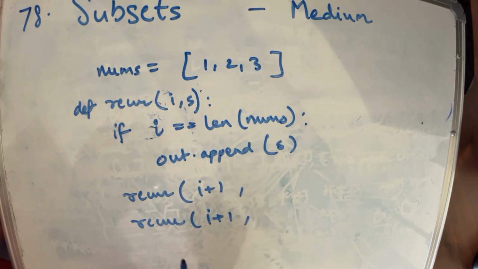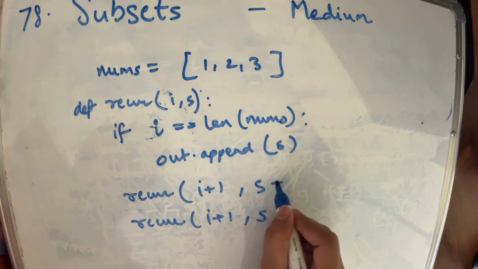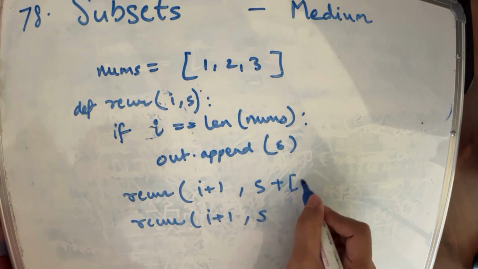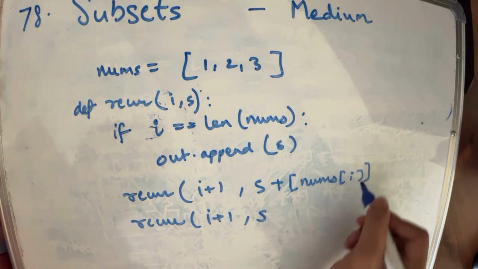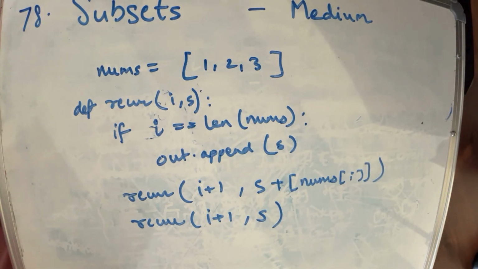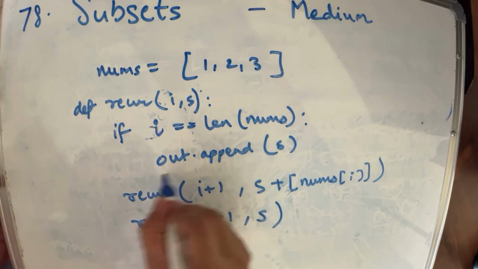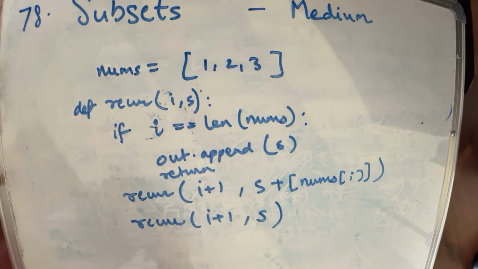We go to the next element, we have our set s, and we either take the element or we do not take it. And whenever we reach the end, we just return. We don't do anything, we just return.